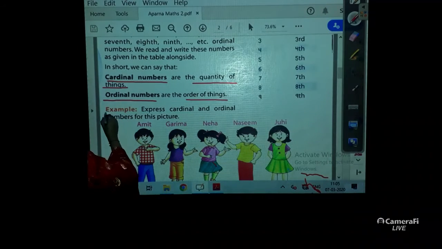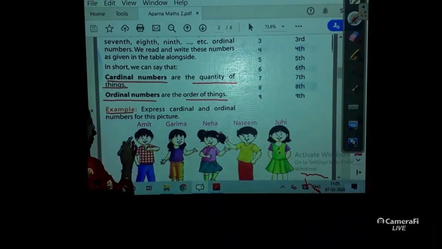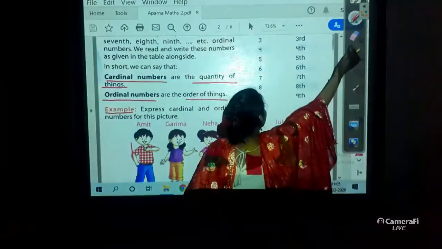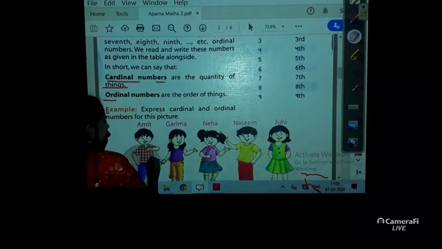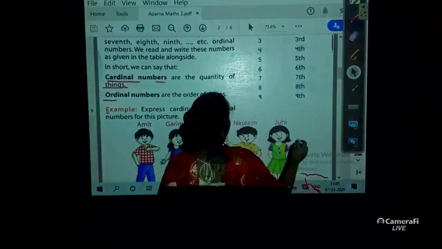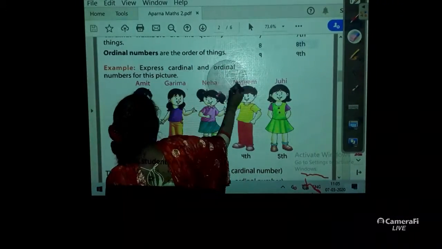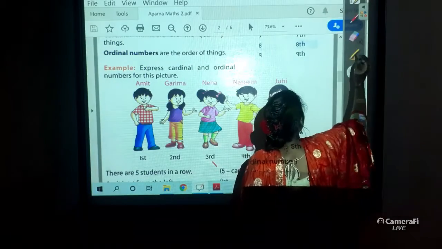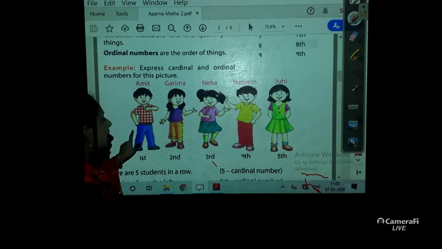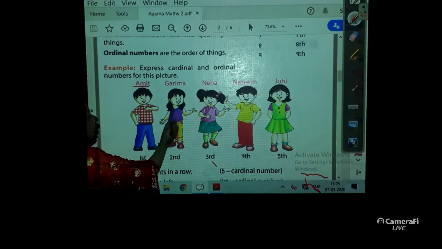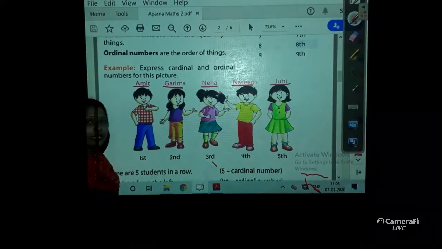One example is there for you. Example: express cardinal number and ordinal numbers for this picture. So the name of this boy is Amit. See, it is written over here: Amit, Garima, Neha, Naseem and Juhi.